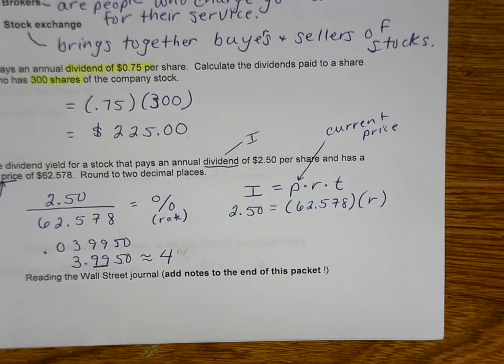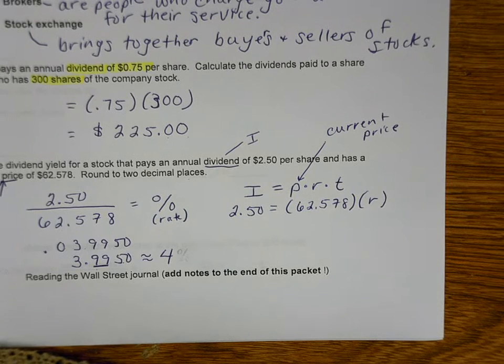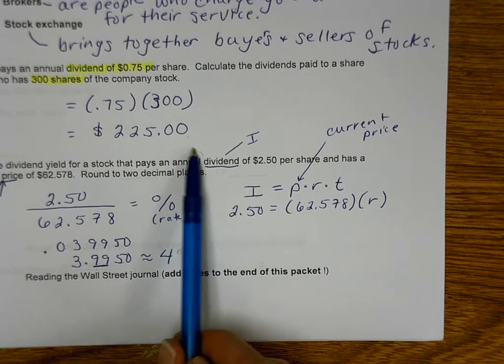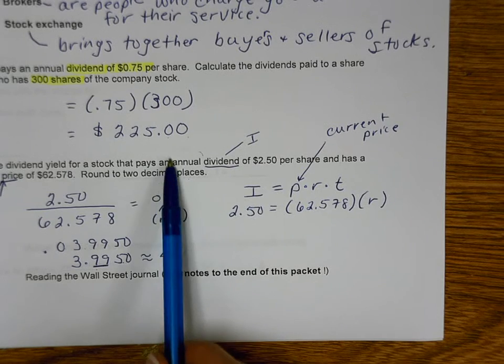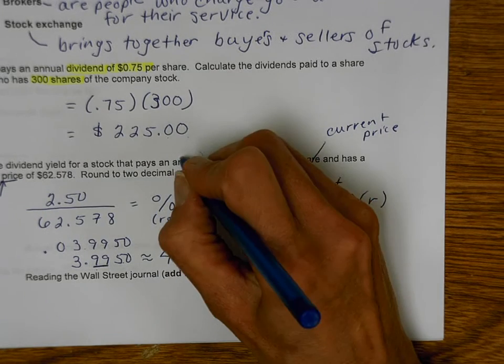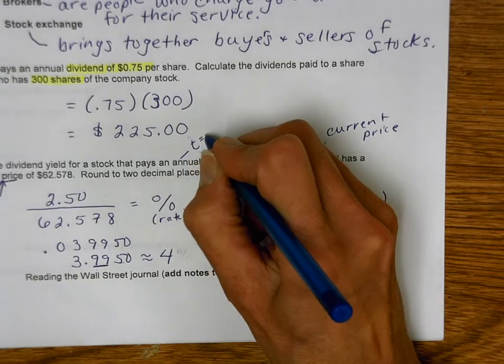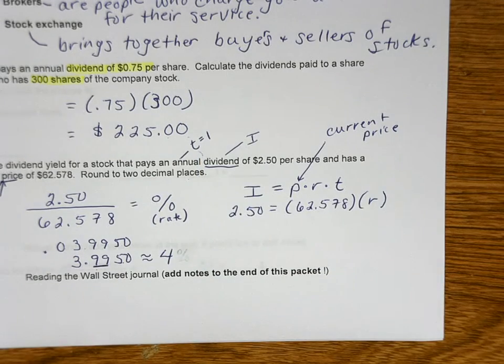Is there any buzzword here to denote what time we're going to use? Oh, here's one. What does annual mean? We've had a lot of problems with that word in it. Annual is a buzzword that means T equals 1. So I'm going to put a 1 here.